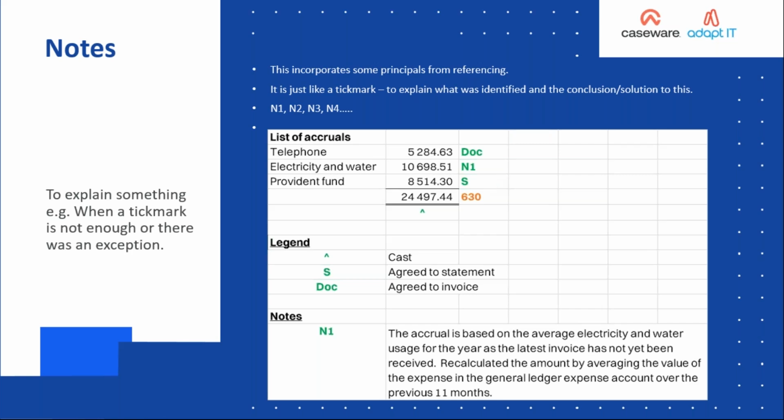This is how you can also use the tick mark. Our recommendation is that you can either add the legend in the Excel itself, or in the tick mark options in Caseware, create those, add those legends nicely within your Caseware working paper and replicate it in the Excel.